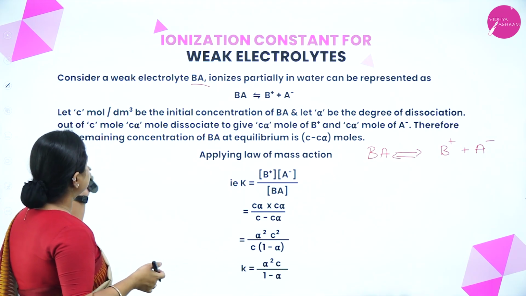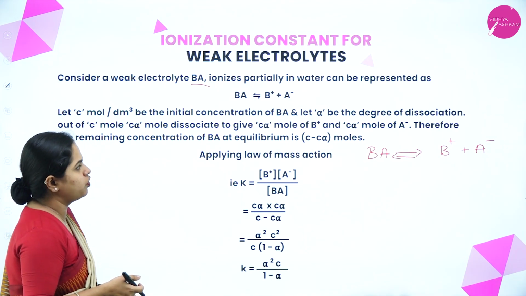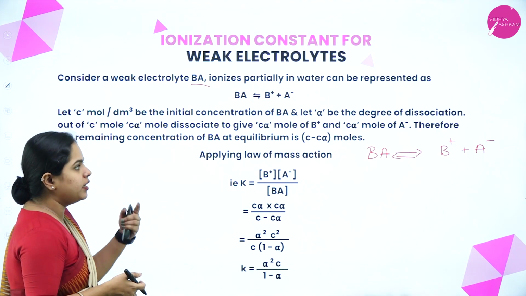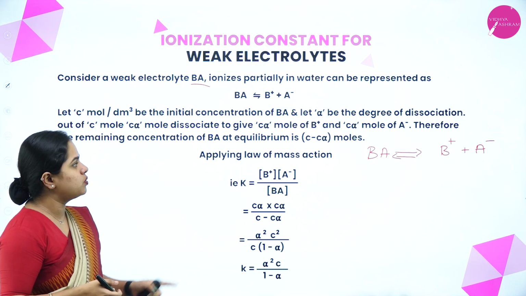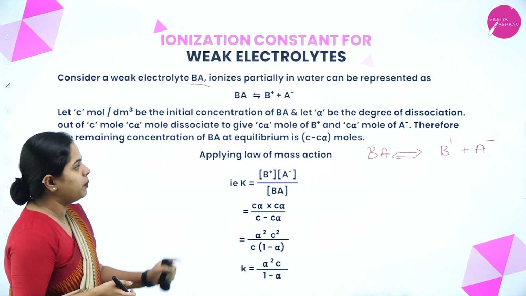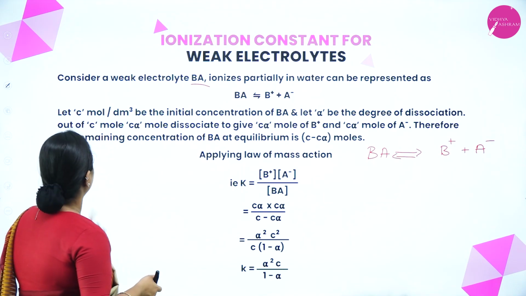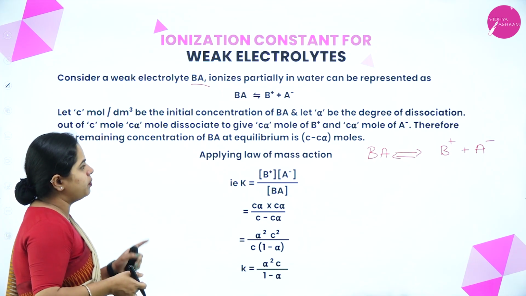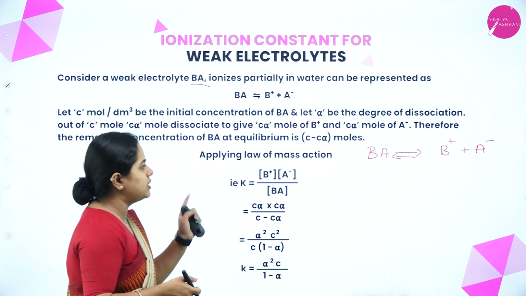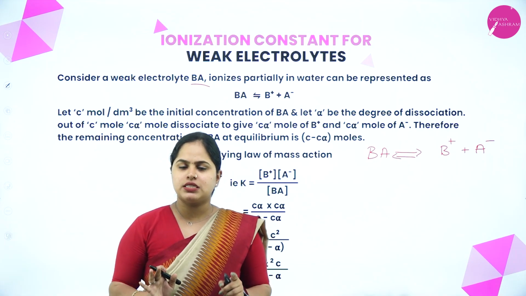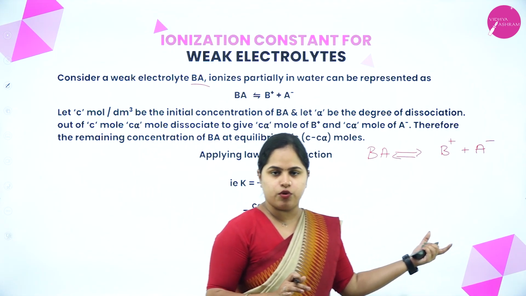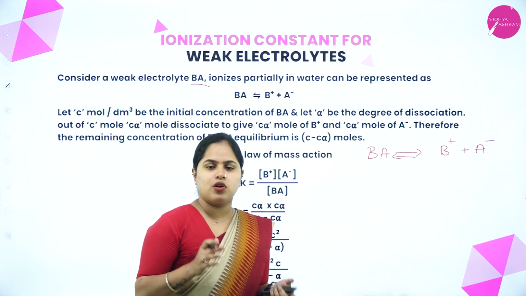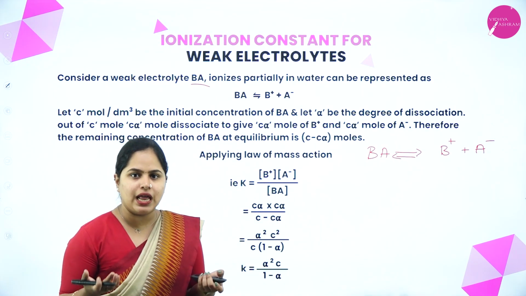Now, let C be the initial concentration of BA, and let alpha be the degree of dissociation. Out of C mole, C alpha mole dissociate to give C alpha mole of B plus and C alpha mole of A minus. Therefore, the remaining concentration of BA at equilibrium is C minus C alpha moles. So, what does this sentence say? Let us understand this. BA was the weak electrolyte which dissociated into B plus and A minus.